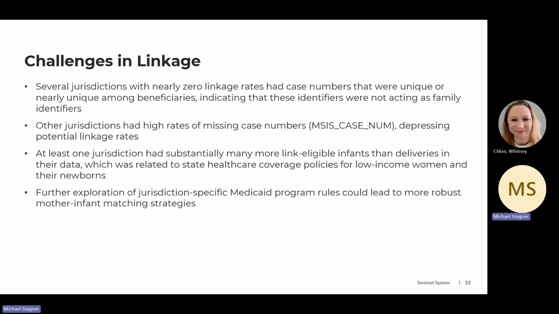But with those 2 extra digits on the back, they looked unique, and we didn't get any matches. But once we discovered that that was the logic behind how they created their case number, we were able to remove those last 2 digits from the ID and create a linkage for New Jersey deliveries and infants, which was in line with the linkage rate for other jurisdictions.